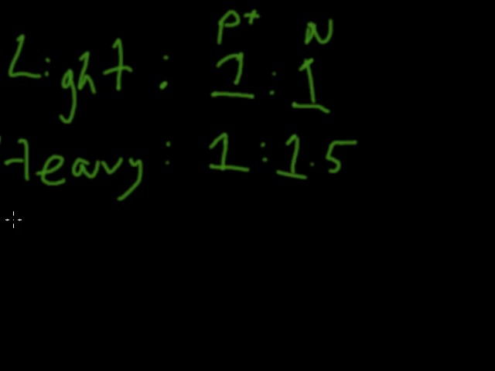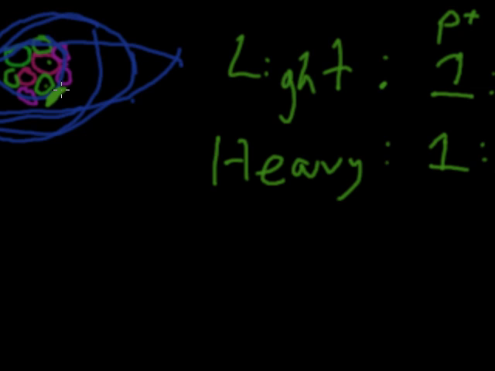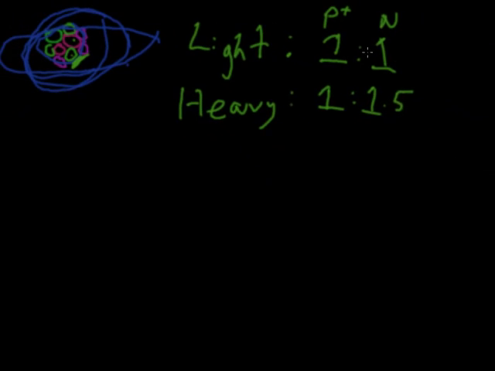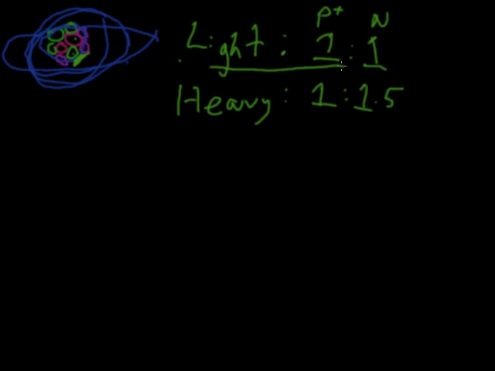So, basically there is a kind of stable ratio that creates a stable nucleus for most elements, and these are those ratios. So for the lighter ones it's 1 to 1. As they get heavier it's more like 1 to 1.5, and if it deviates from this then it starts to be unstable.